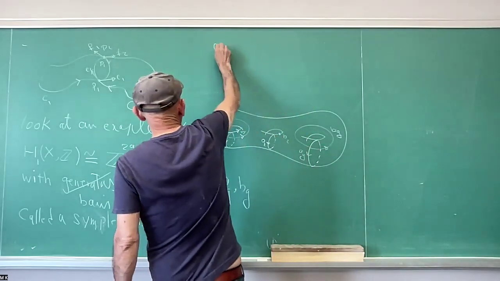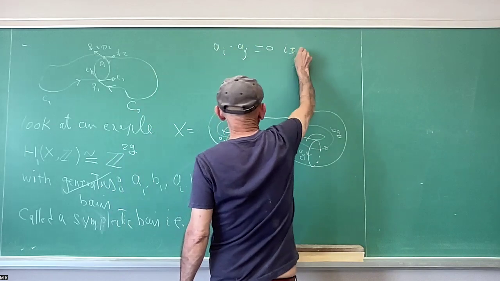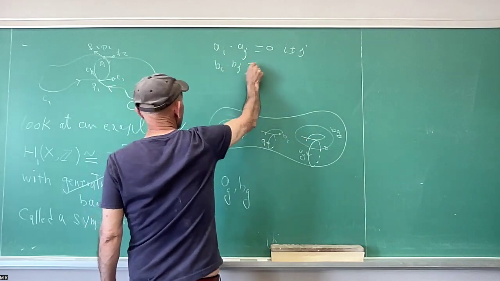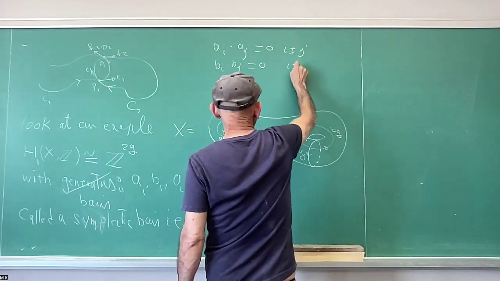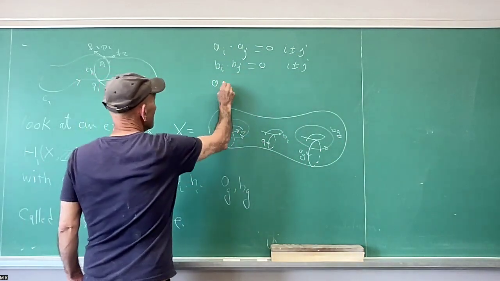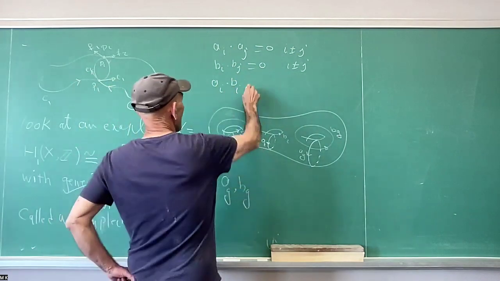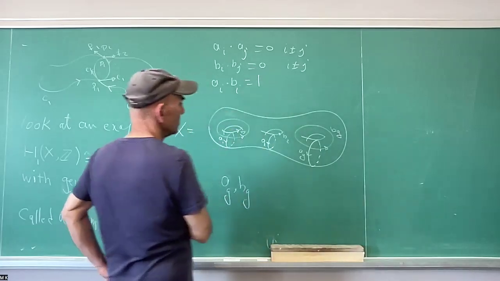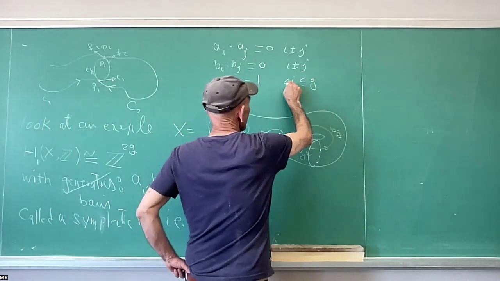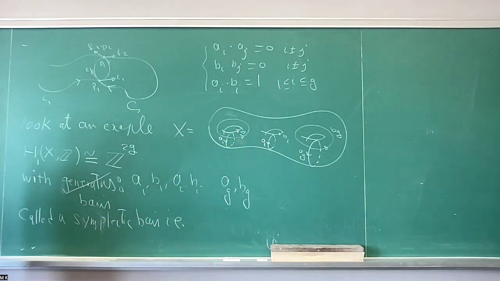First of all, AI dot AJ is equal to 0 if I is different from J. BI dot BJ is equal to 0, again if I is different from J. And AI dot BI is equal to 1 for I from 1 up to G. It has these properties.